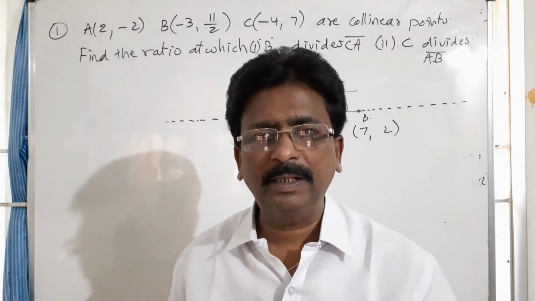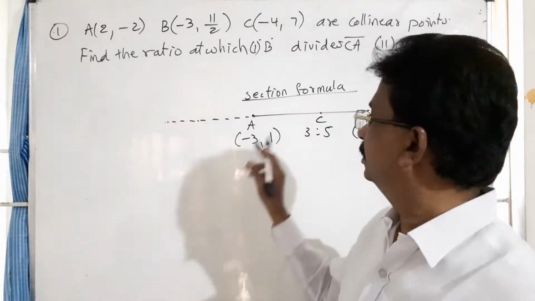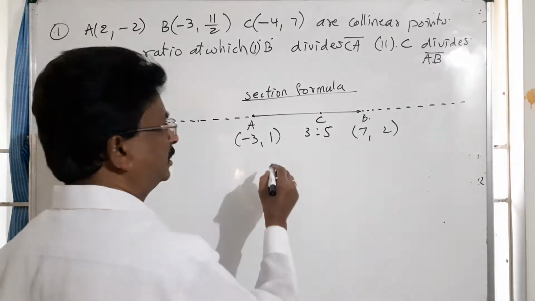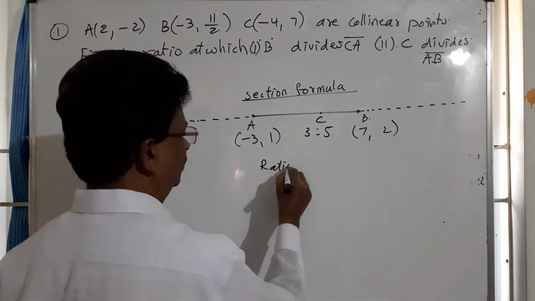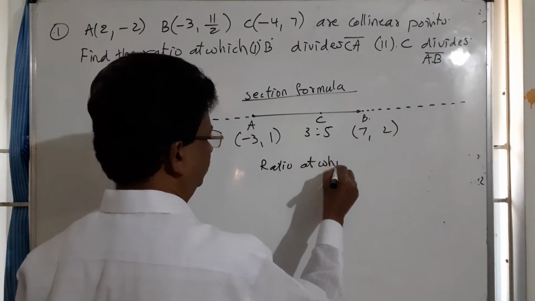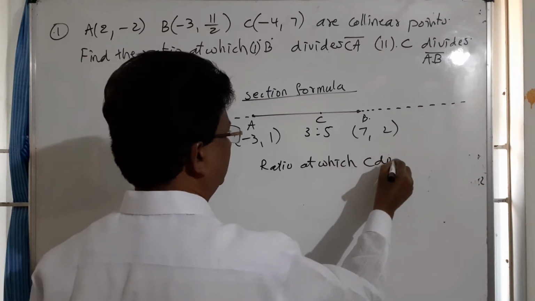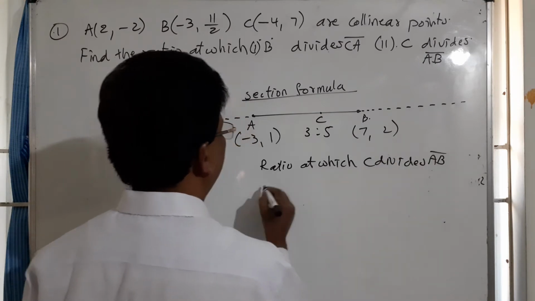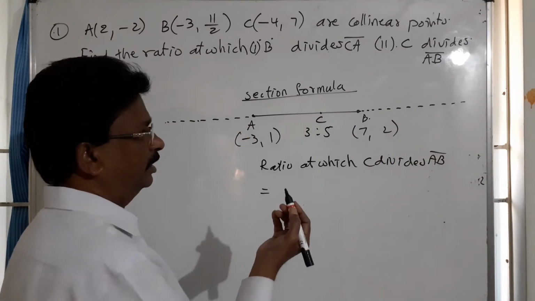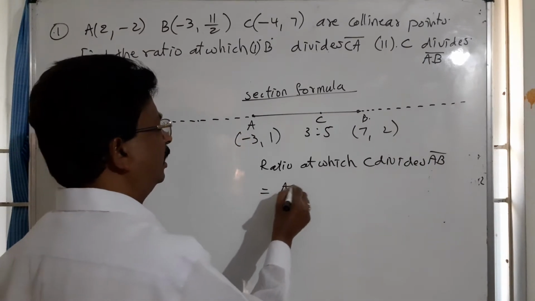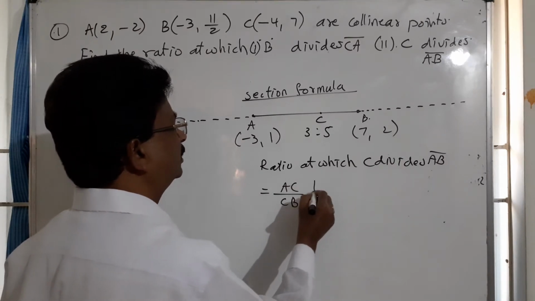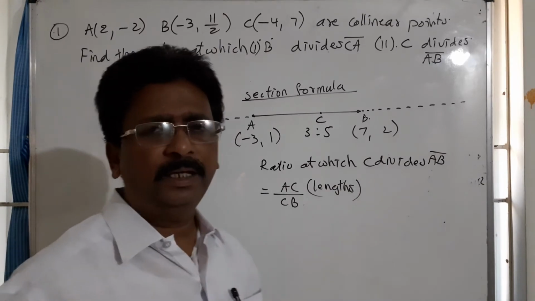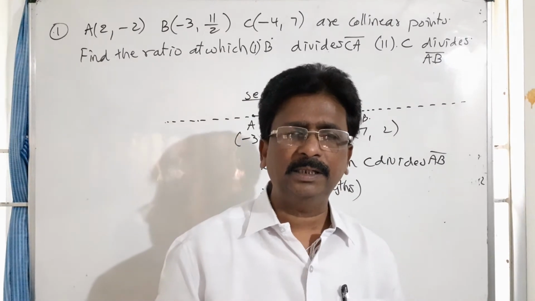What is the meaning of the ratio? Suppose C lies on AB anywhere. The ratio at which C divides AB is equal to the length of AC divided by the length of CB.